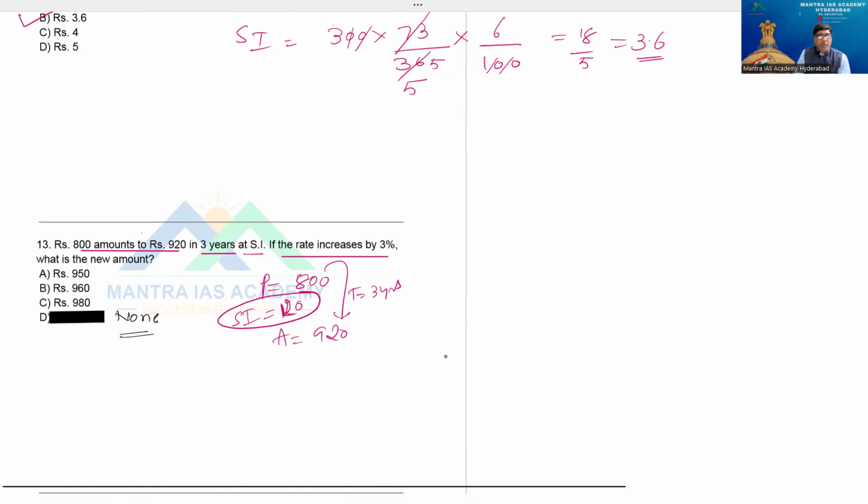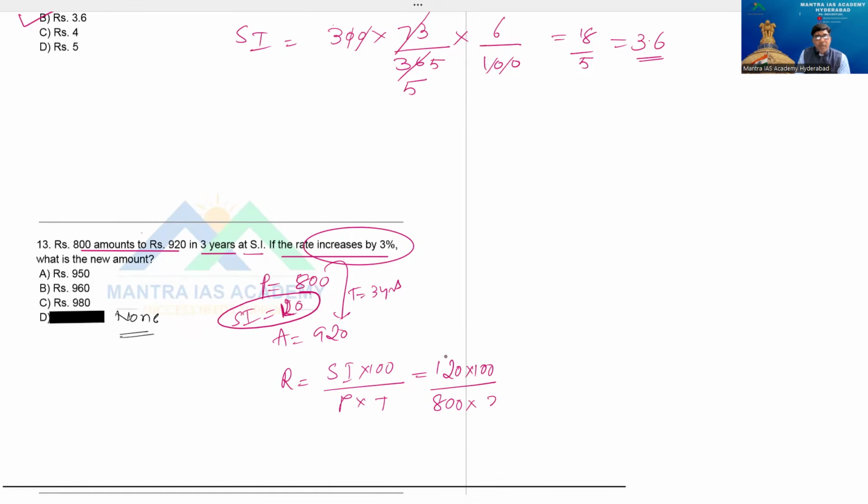Now, come to the point. Because the rate is increased by 3, it is a new case. Before writing the new rate, I should know the previous one. R is equal to SI into 100 by principal into time, beta. The SI value, of course, we have is 120 into 100. The principal is mentioned as 800.